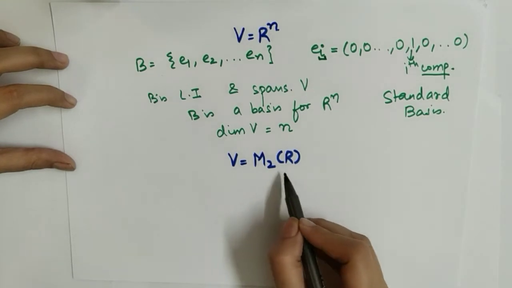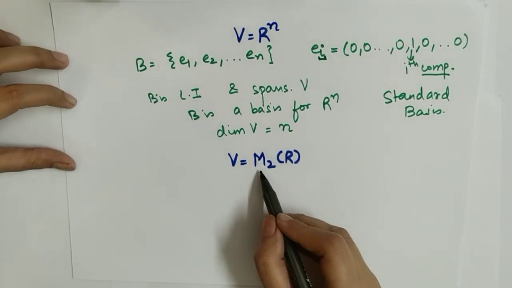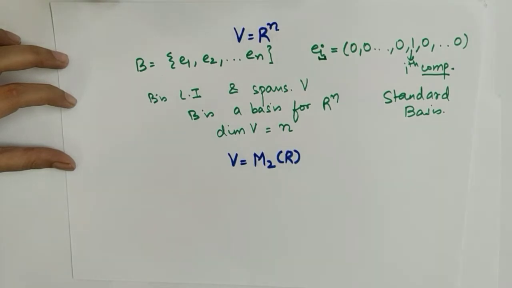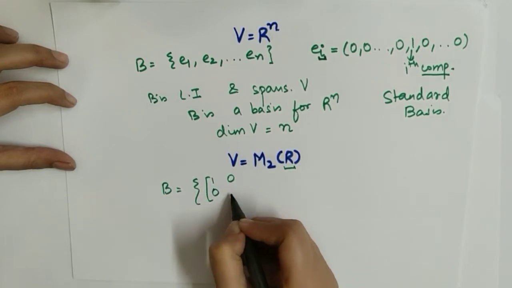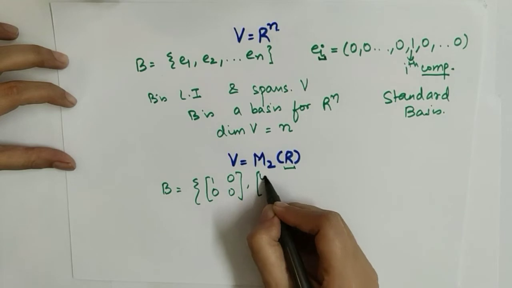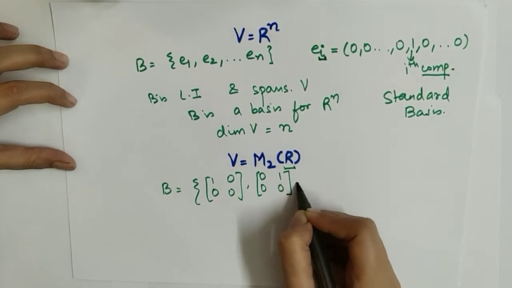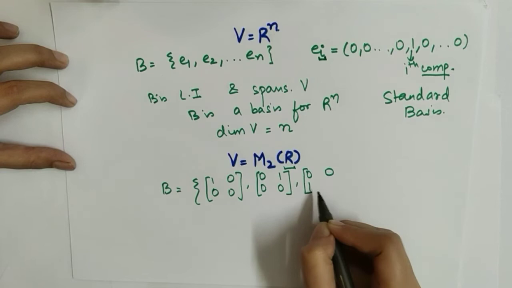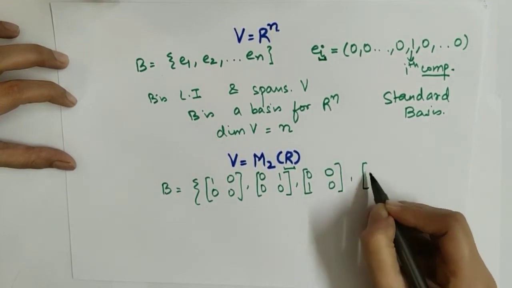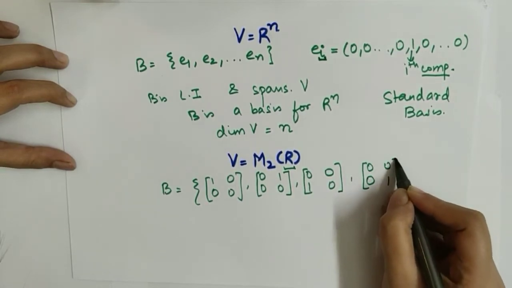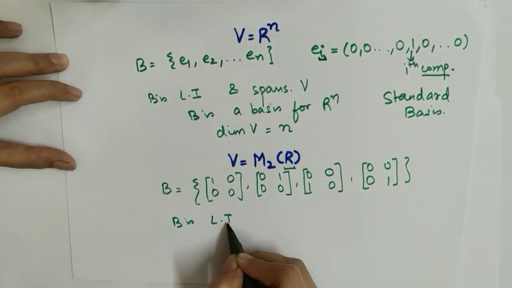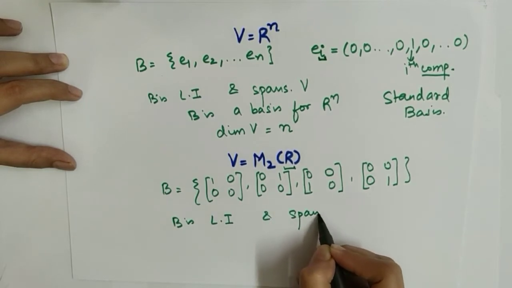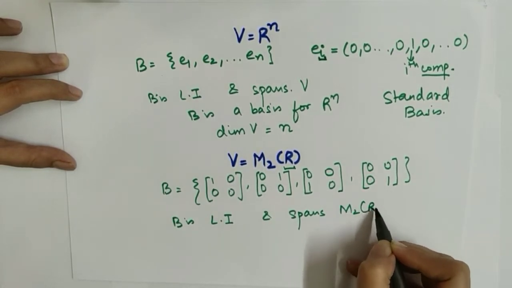Now if V is equal to M2R, the set of all 2 cross 2 matrices whose entries are reals, then if I take B to be the matrices 1, 0, 0, 0; 0, 1, 0, 0; 0, 0, 1, 0; 0, 0, 0, 1, again it can be seen that B is linearly independent and spans M2R.